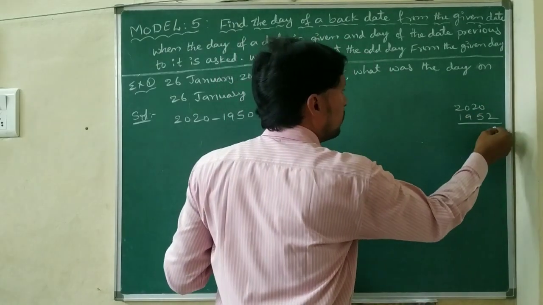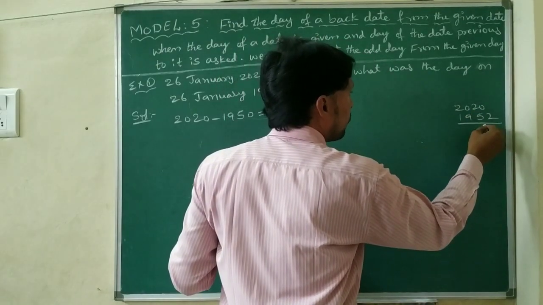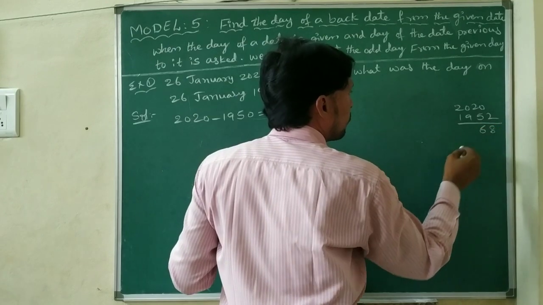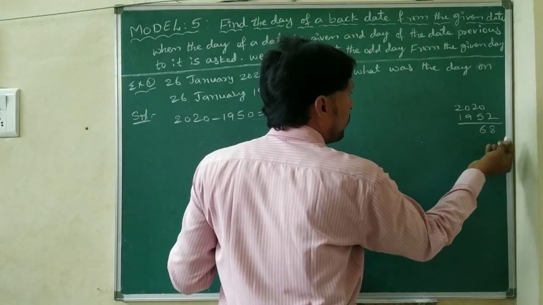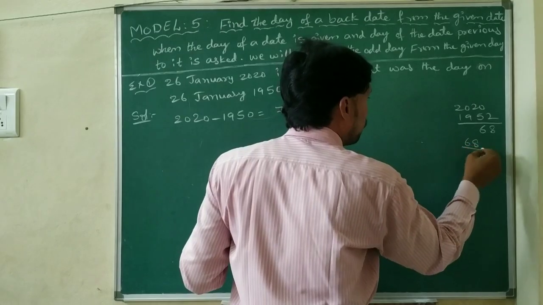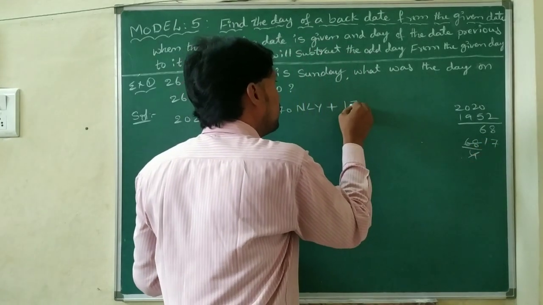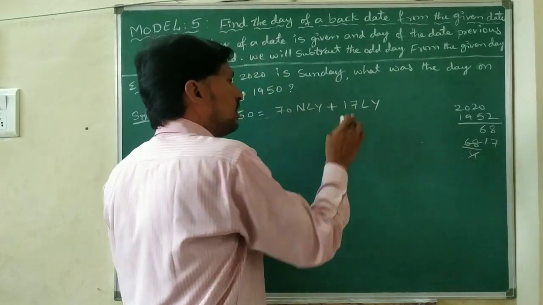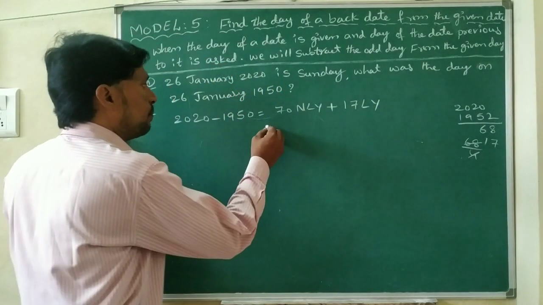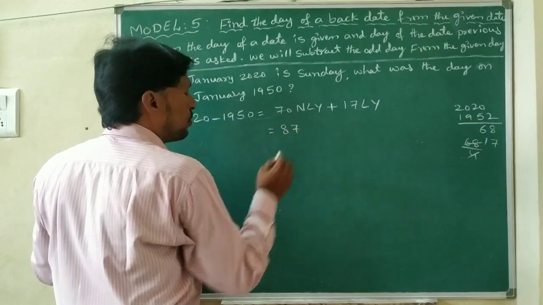So 68 by 4, 4 sevens are 28, means 17 leap years we are getting. 70 plus 17, 87 days we are getting.